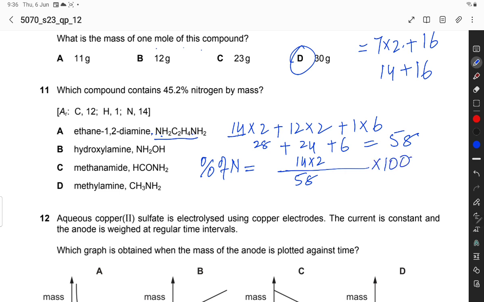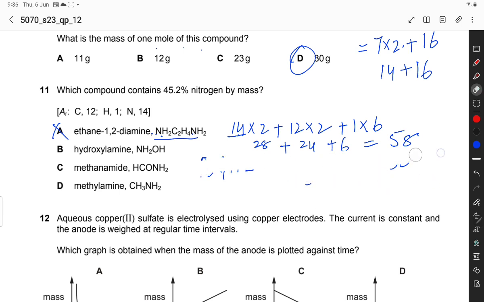So this is equal to 28 divided by 58 into 100, which is equal to 48.2. So this is incorrect.